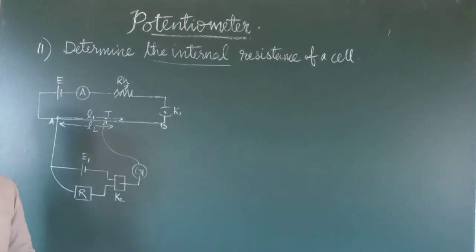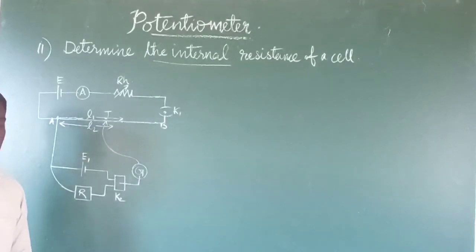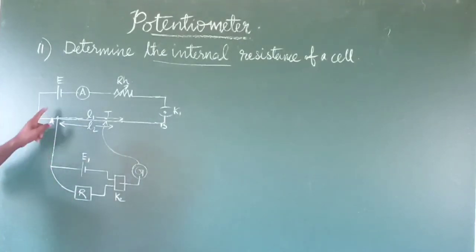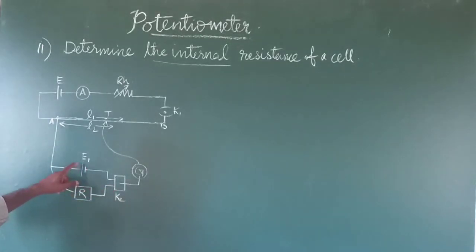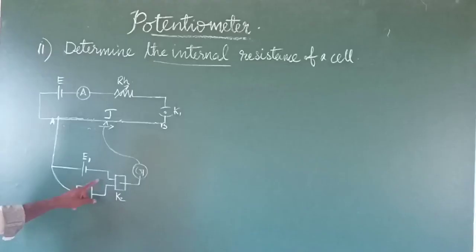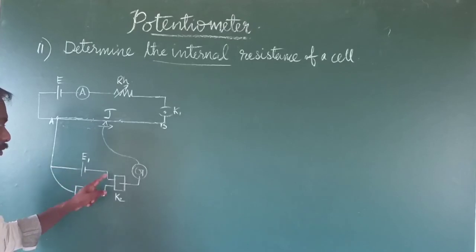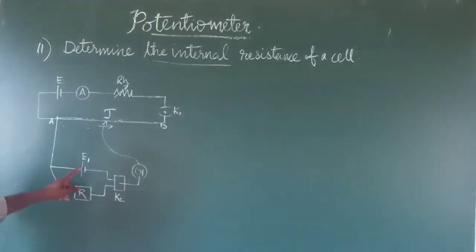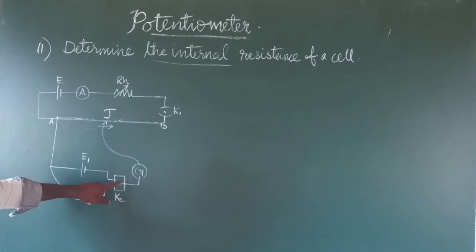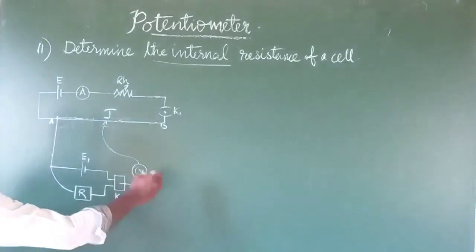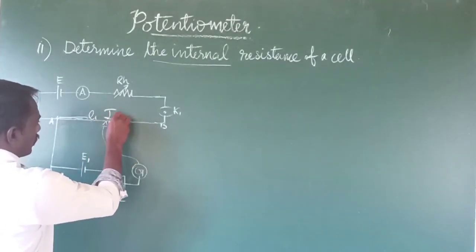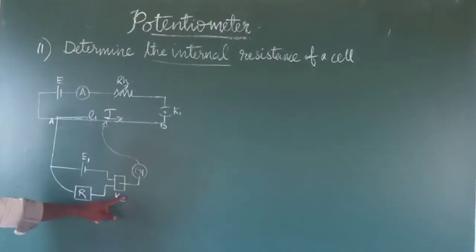Then how can we calculate the internal resistance of a cell using this circuit? First, when the key is open, no current is flowing through the circuit, and we calculate the EMF of the cell connected. Find the null point in the galvanometer and take the length L1 when K2 is open.